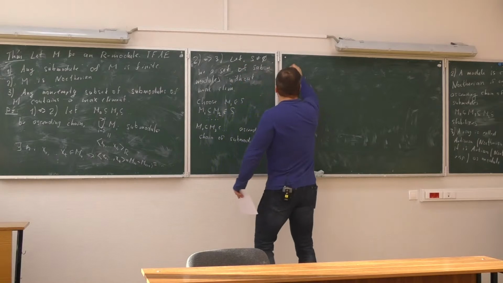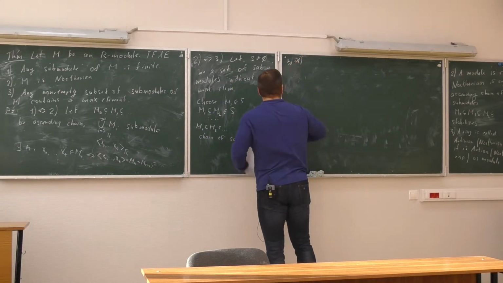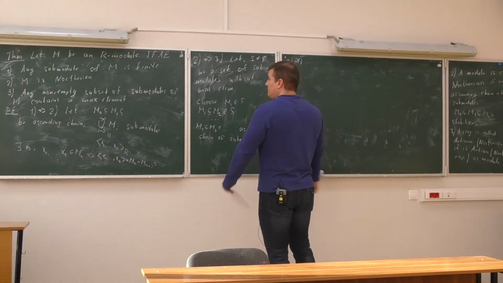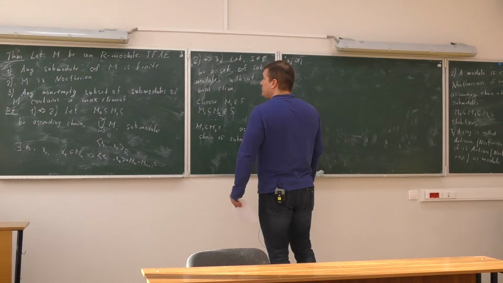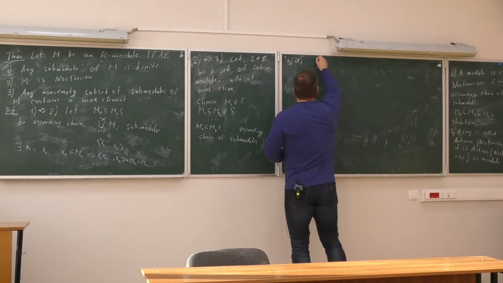So the last part, 3 implies 1. Okay, now we need to show that any submodule is finitely generated. So let's fix some notation.